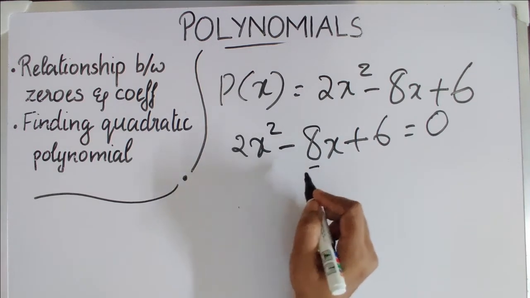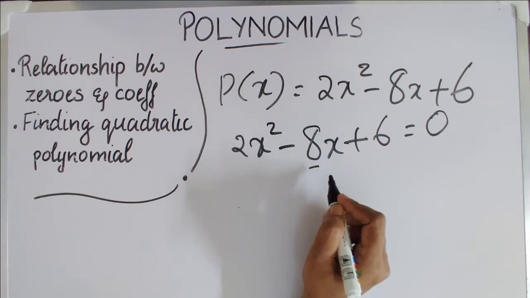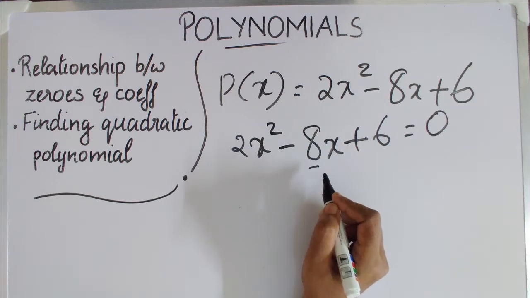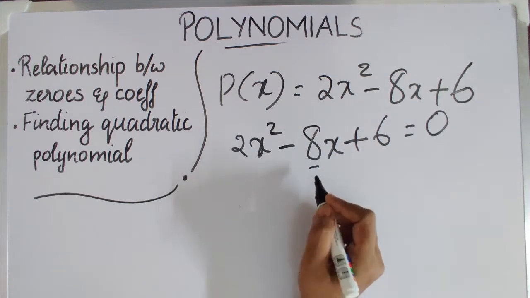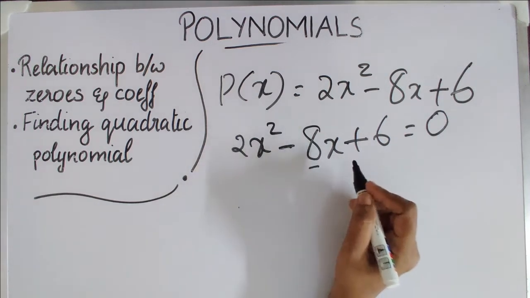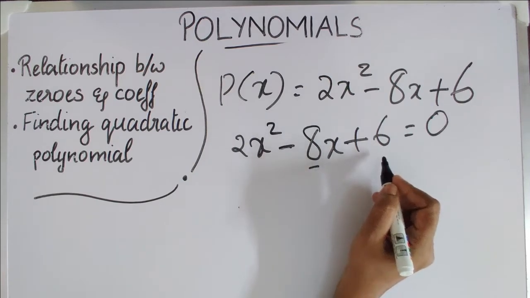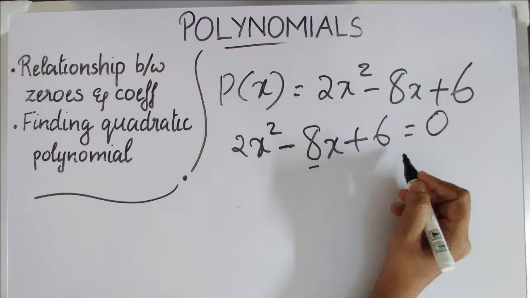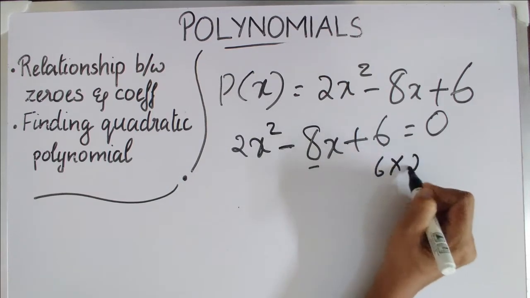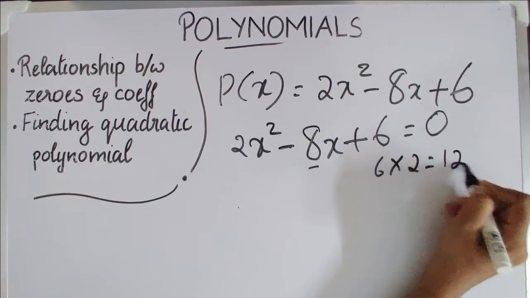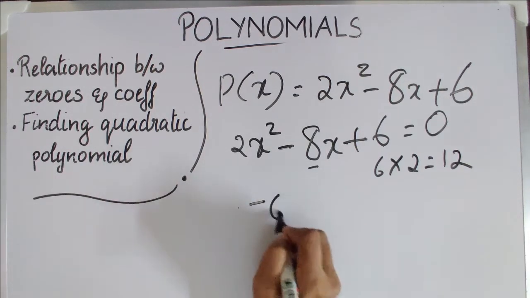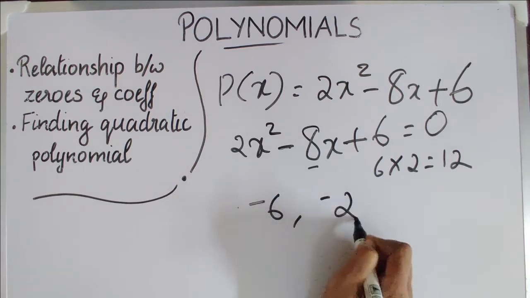We split it in such a way that if we add the two numbers, we should get minus 8, and if we multiply these numbers, we should get 6 into 2, which gives 12. Then the numbers are minus 6 and minus 2.